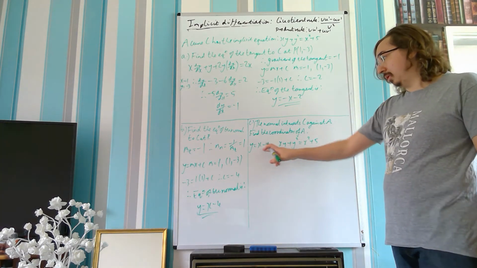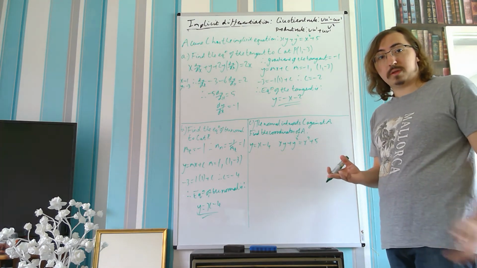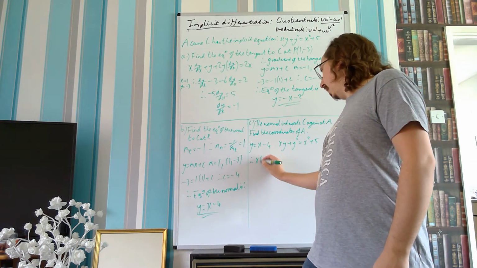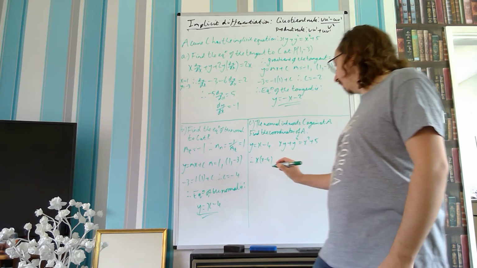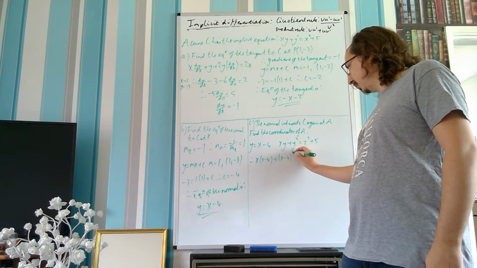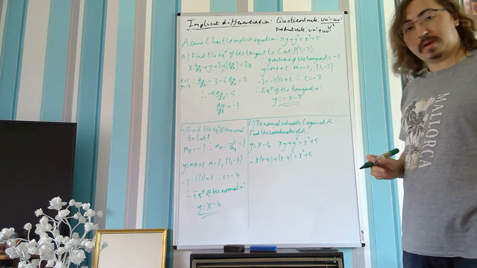And all we're going to do every time we've got a y in this expression is replace it with x minus 4, like you normally would for a point of intersection. So we've got x times (x minus 4) plus (x minus 4) squared is equal to x squared plus 5.